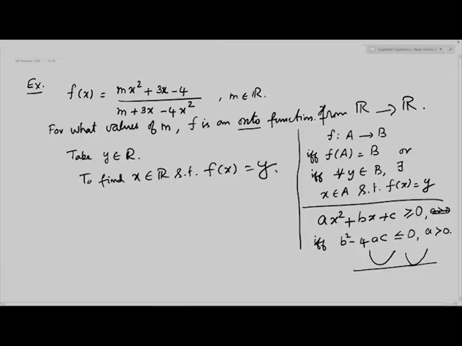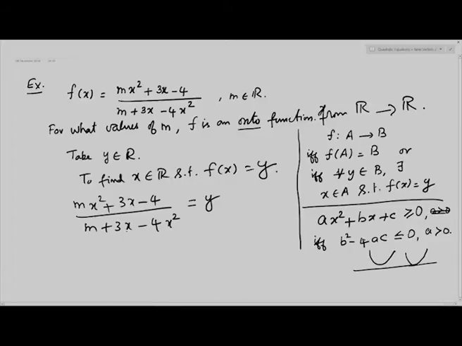Let us consider this equation: the given expression, (mx square plus 3x minus 4) divided by (m plus 3x minus 4x square), is equal to y.